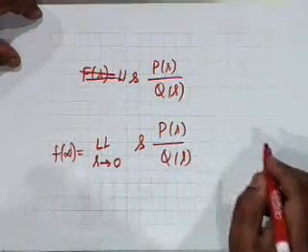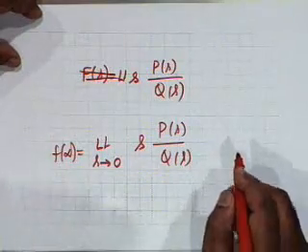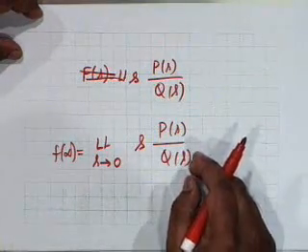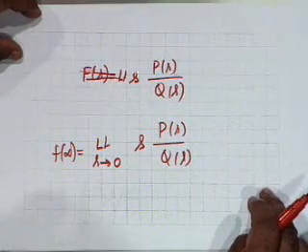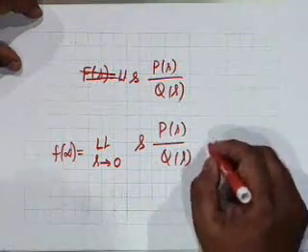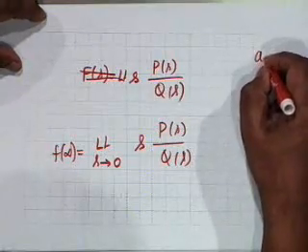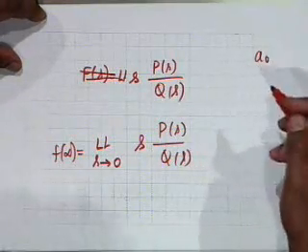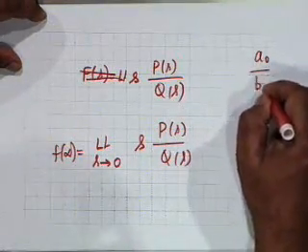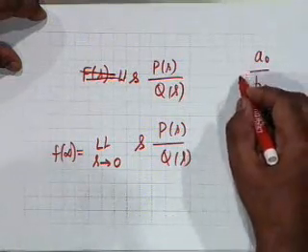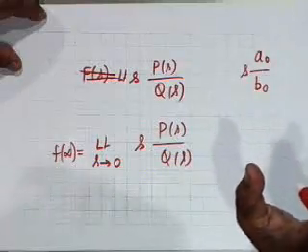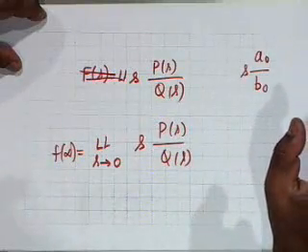For a general rational function, when s goes to 0, it means the lowest power terms that are affected, isn't that right? For example, in p of s, what is the lowest power term? Let's say a0, a constant, and the lowest power term in the denominator is b0. And if you multiply by s and allow s to go to 0, what happens?